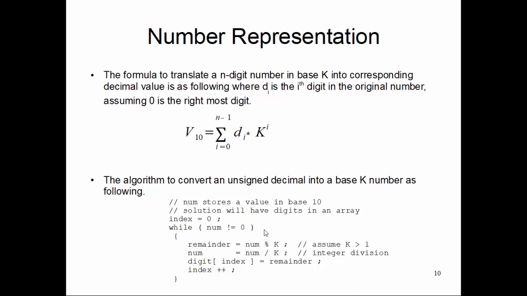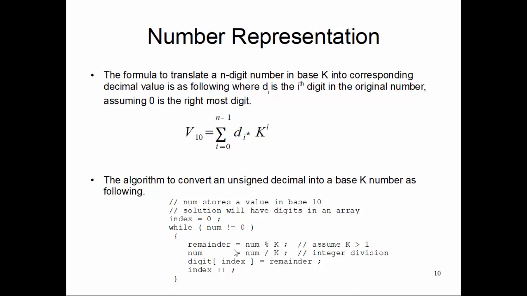We set an index to 0, because we are determining each symbol and putting them in an array, let's call it an array of digits. Now we are converting a decimal number into the corresponding base k representation.